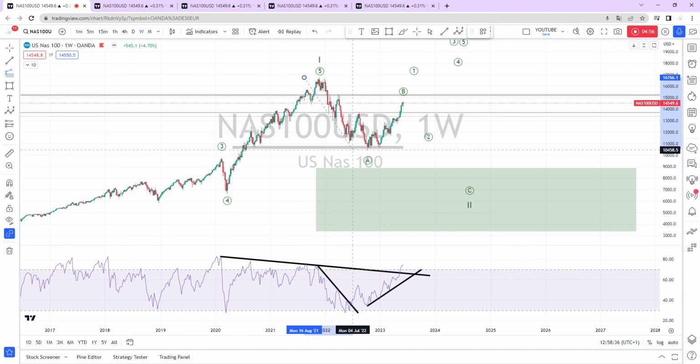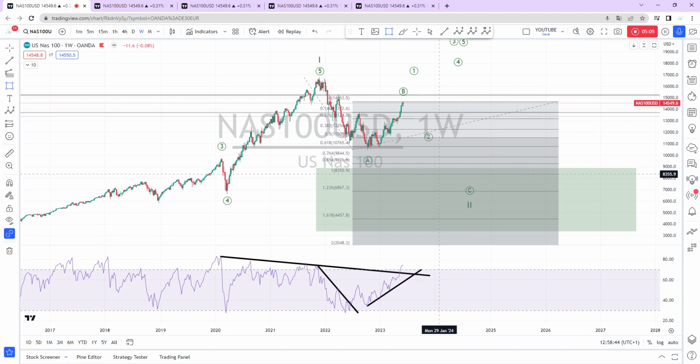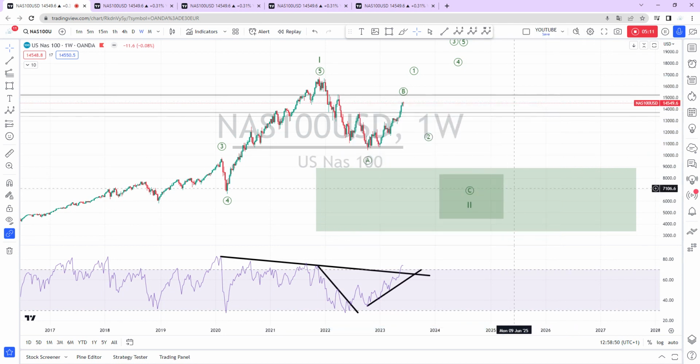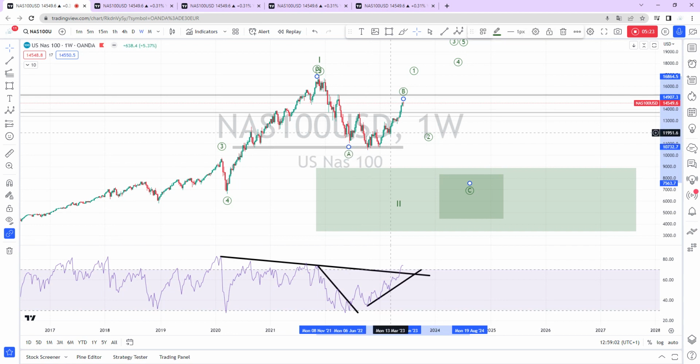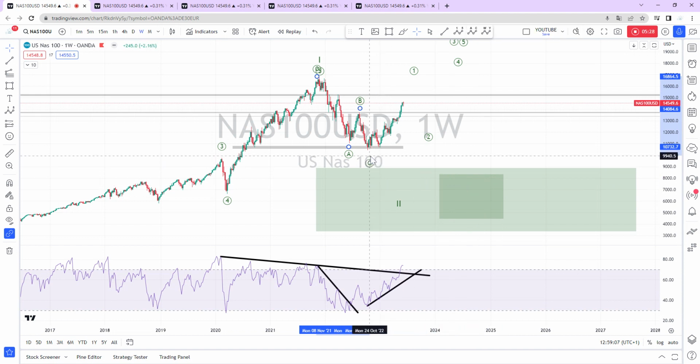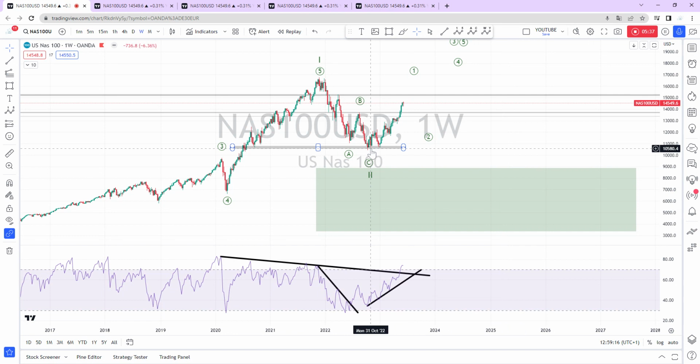Then our target for the wave C becomes this area here, which would coincide with the area of a wave 2. But like I said, the data is not suggesting this for the moment. I just want to share with you this scenario as another possibility. Okay, but for now, so let's assume that our wave 2 low is in here.